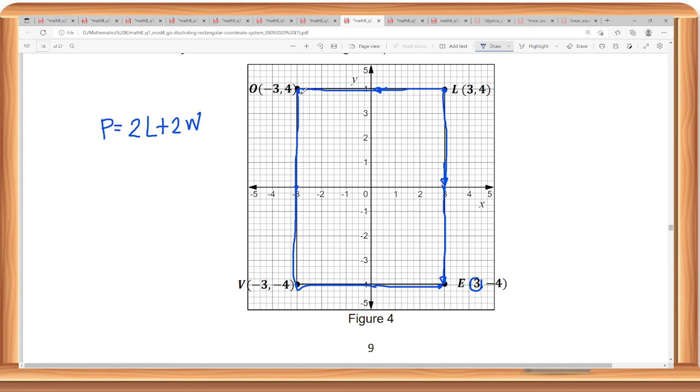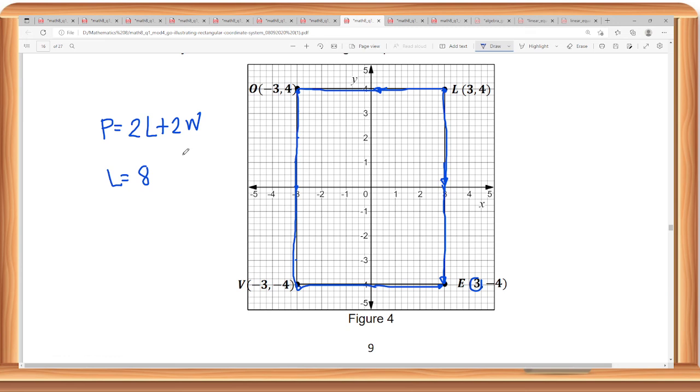So let's try to get the measurement of the length. From here, you can count how many units: 1, 2, 3, 4, 5, 6, 7, 8. Therefore, your L here is 8 units.